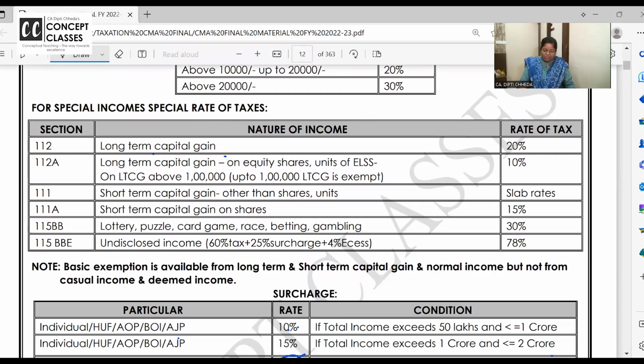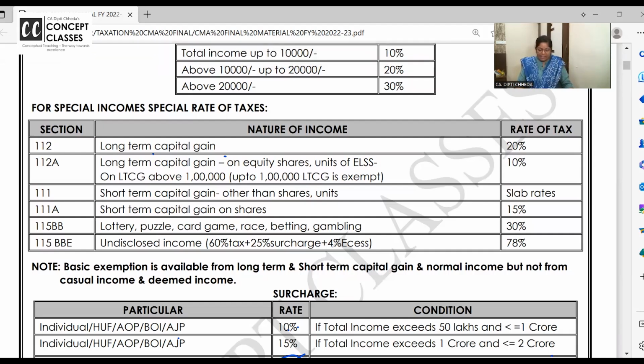Long-term capital gain on shares, listed shares and all, it is 10%. But above what? See, one thing is very important here. Long-term capital gain on shares, the tax rate is 10%. And long-term capital gain otherwise is 20%.